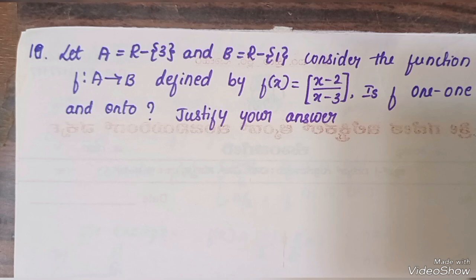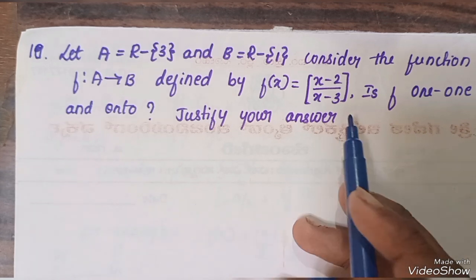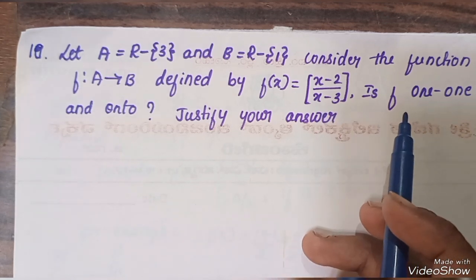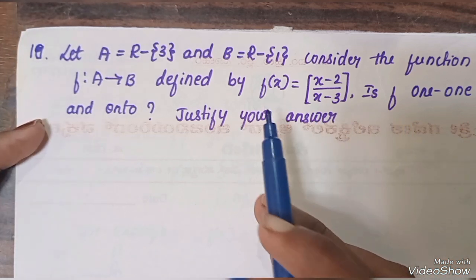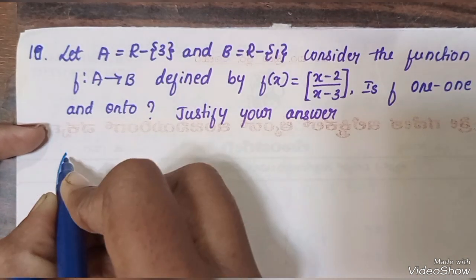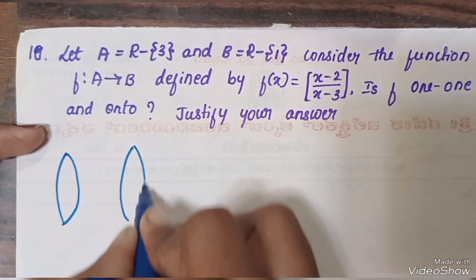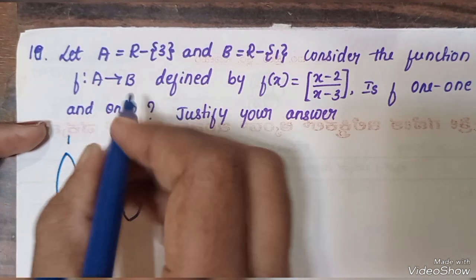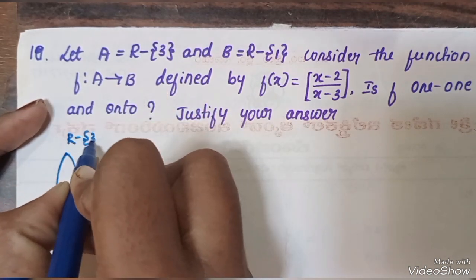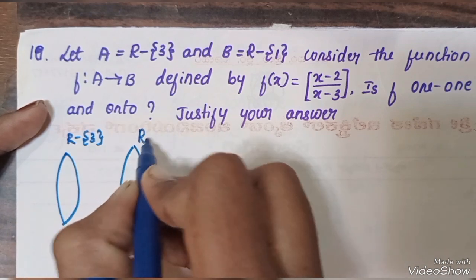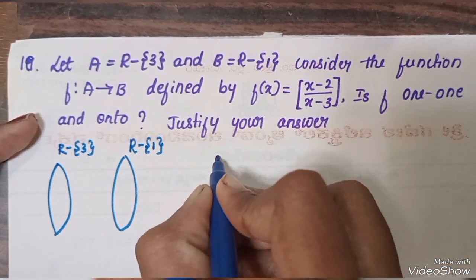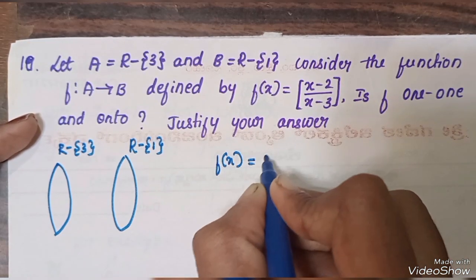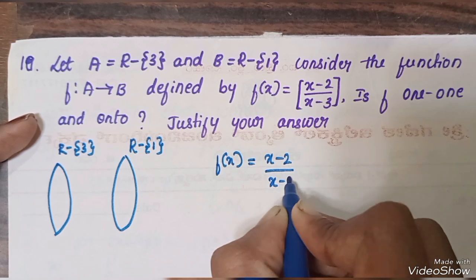Consider the function f from A to B defined by f(x) = (x - 2)/(x - 3). Check whether it is one-one and onto. Here the domain is the set R minus {3} and the codomain is the set R minus {1}. Consider the function f(x) = (x - 2)/(x - 3).